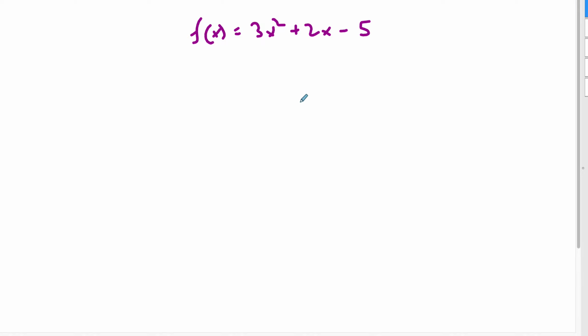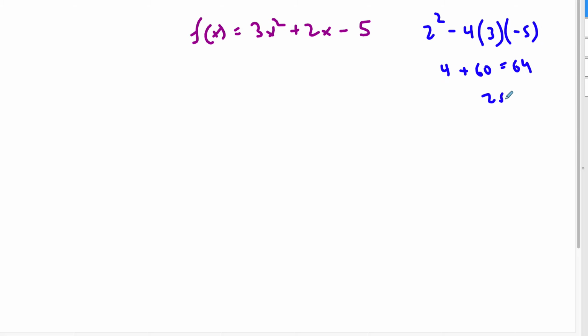This doesn't look immediately factorable. Just to make sure I don't embarrass myself, I'm going to do 2 squared minus 4 times 3 times, watch this, be careful here, -5. So this is the same as saying 4 minus a negative will be plus, 12 times 5 is 60, 64.